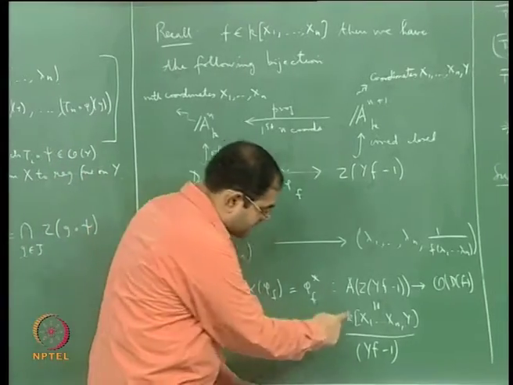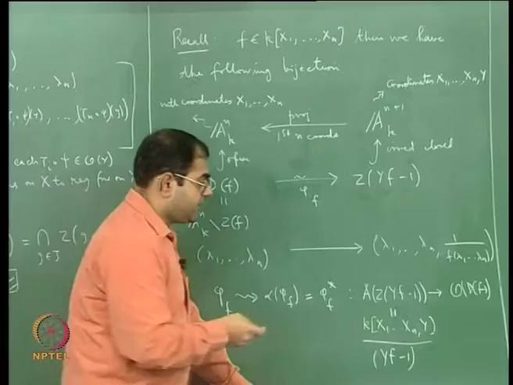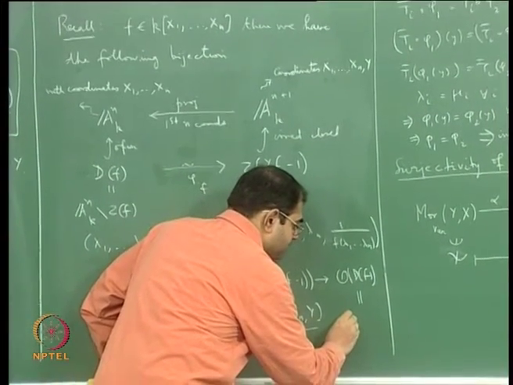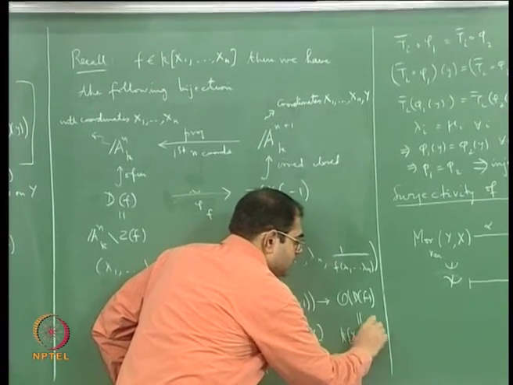Okay, so this is the ring of functions, and I want you to check that this is the same as the polynomial ring in n variables localized at f.